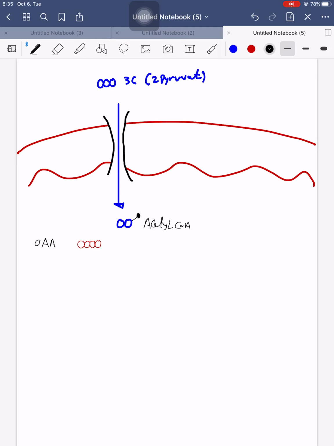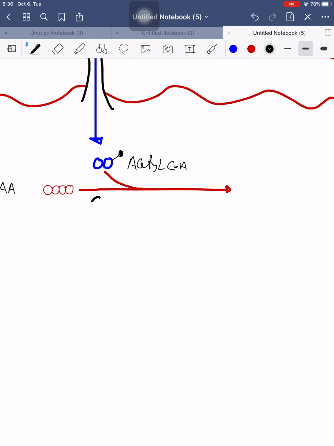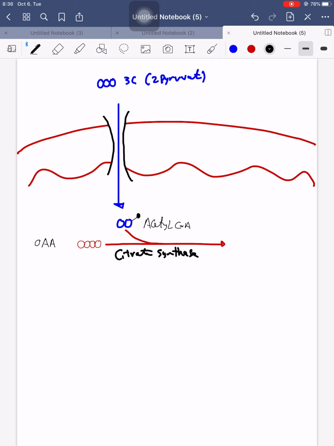So acetyl coenzyme A and oxaloacetate come together in a condensation reaction by a specific enzyme called citrate synthase. That enzyme, which can make this condensation, will produce a 6 carbon molecule: 1, 2, 3, 4, 5, 6, and there is no coenzyme.